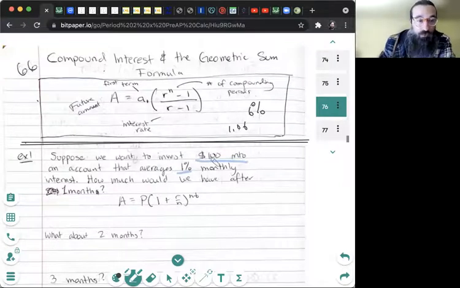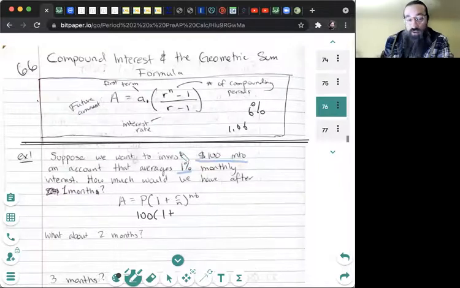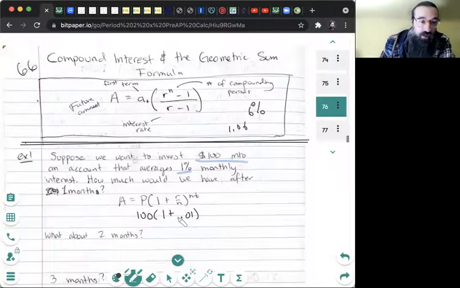It's $100, so we can write $100 for the initial amount, 1 plus, and it says 1% monthly interest, so it's already converted into monthly interest. So we're going to write just 0.01, and we don't have to convert it from yearly to monthly interest.